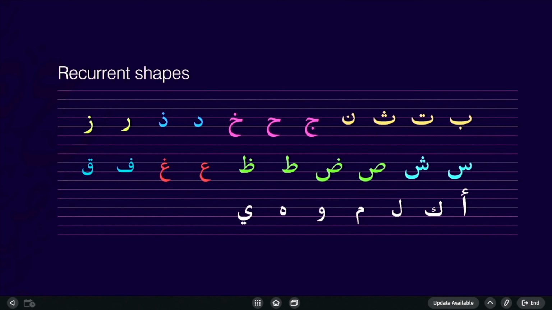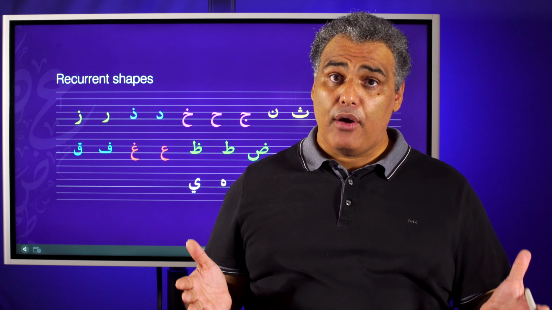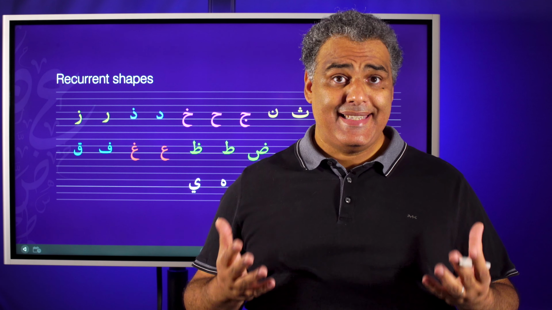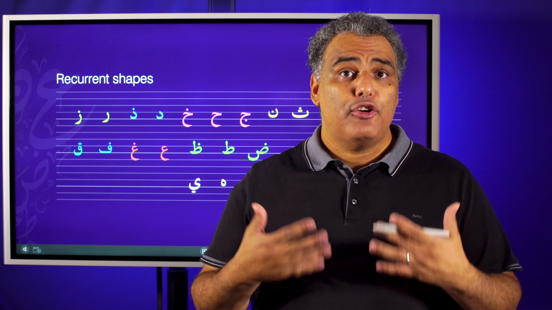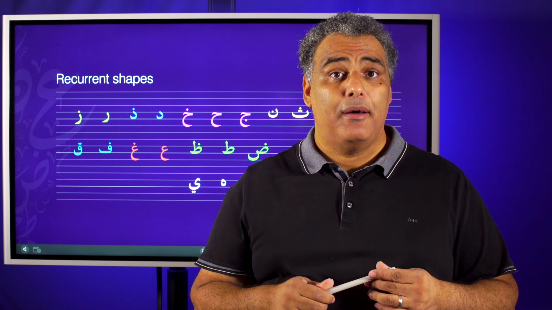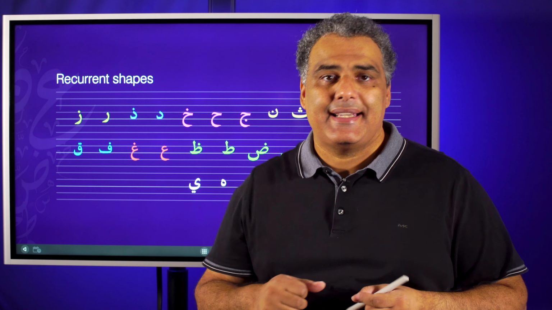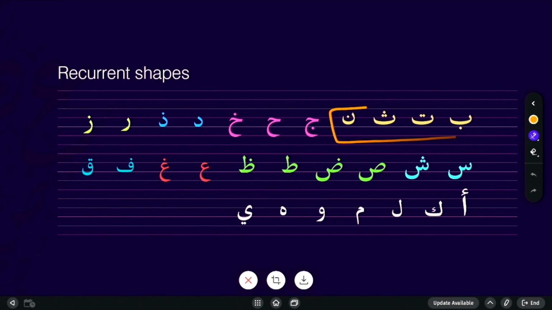So these are the recurrent shapes that we use and reuse to produce Arabic language letters. Let's look at these closely. By now, you should be able to identify some letters in the Arabic language alphabet, and you should be building your proficiency in recognizing them and then pronouncing them appropriately. Let's look at this set. These are letters that recycle more or less the same shape.